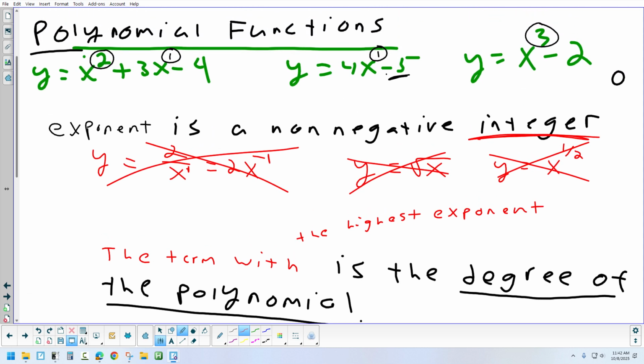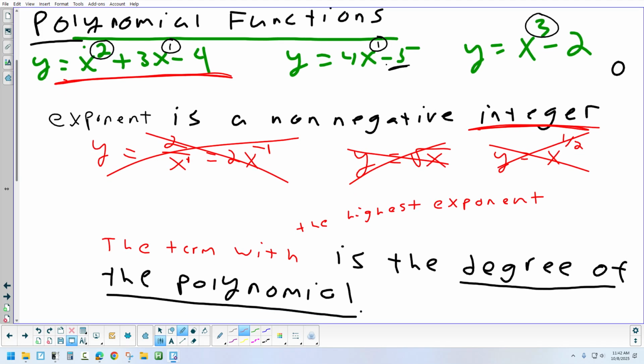So like this problem right here, what would be the degree of that first one? Yeah, 2. How about the degree of the second one? 1. And the degree of this one? 3. Yep.